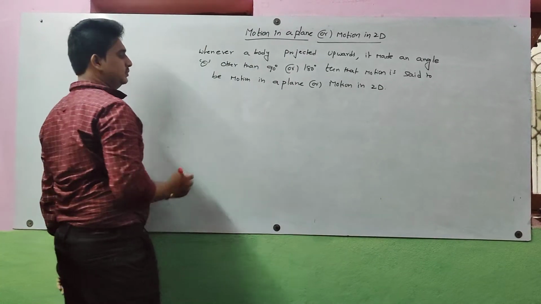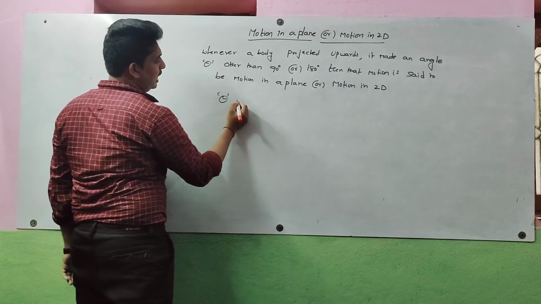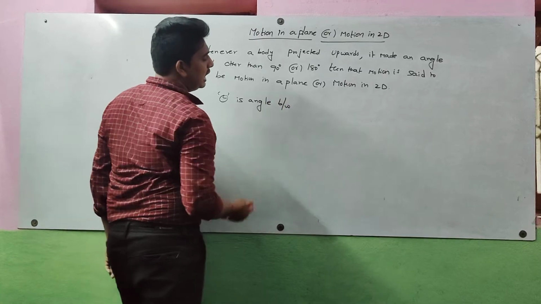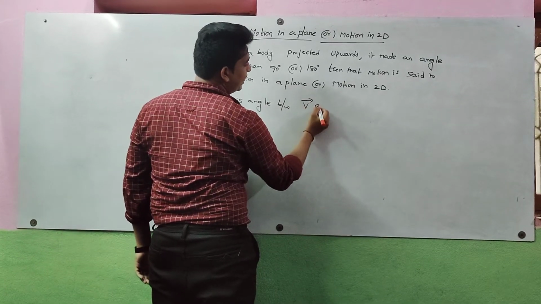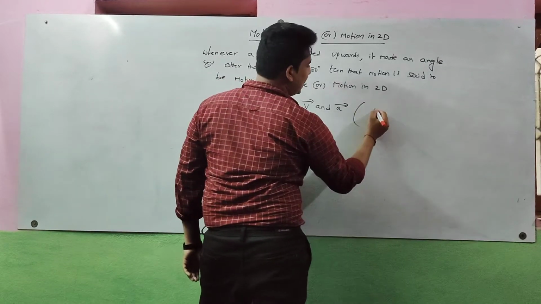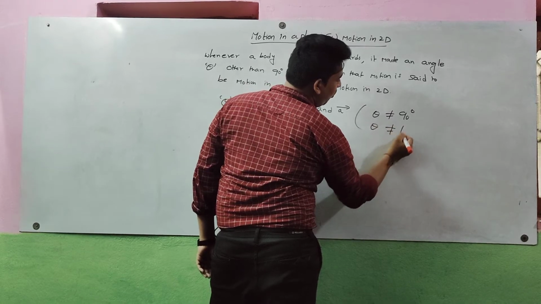Motion in 2D. Here theta is the angle between velocity v bar and acceleration a bar. This theta is not equal to 90 degrees and not equal to 180 degrees.